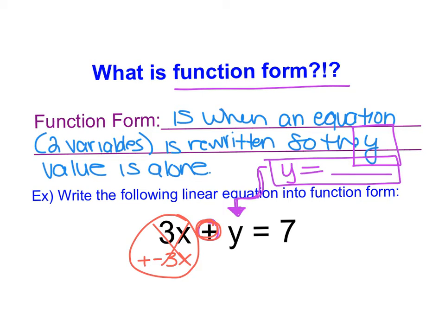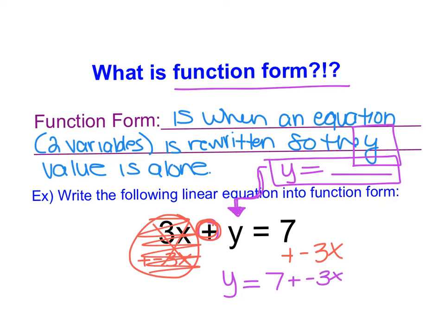3x plus negative 3x is a 0x. And then we have to do that same thing to the other side of the equation. So here, this becomes 0 and cancels itself out. So we're left with just y. So we have y equals, and then on the right-hand side, we have 7 plus negative 3x. Now, some of you might be wondering why I didn't write 4x. If we look carefully, what we see is that this term contains an x, and this term does not.